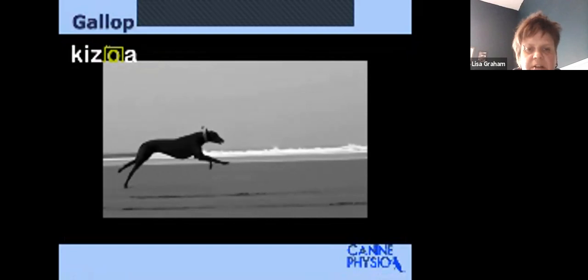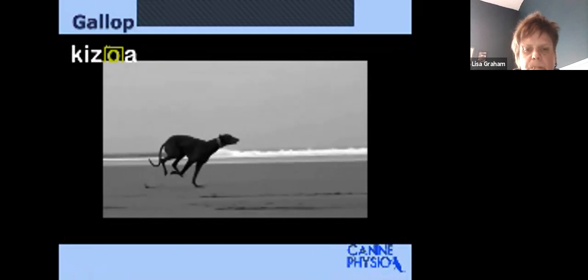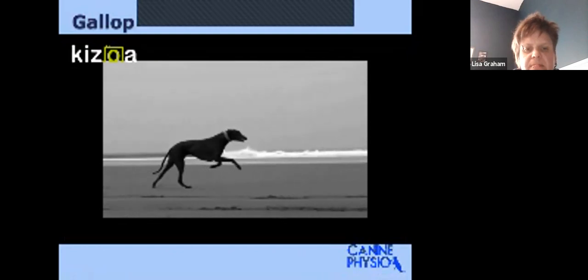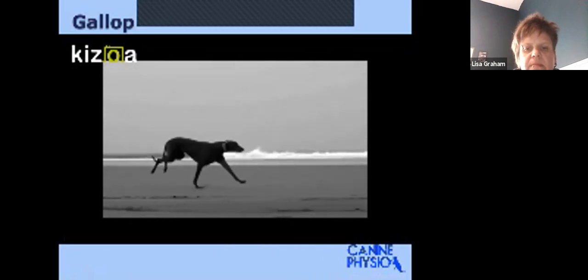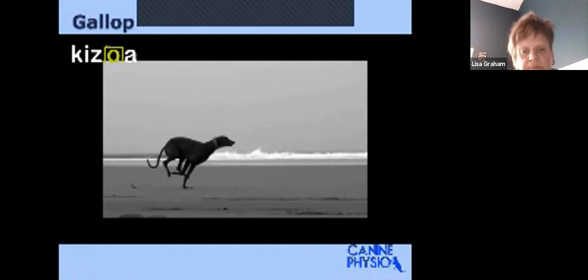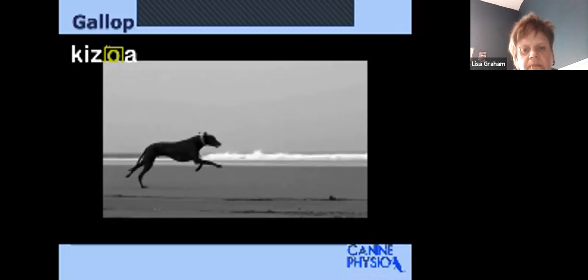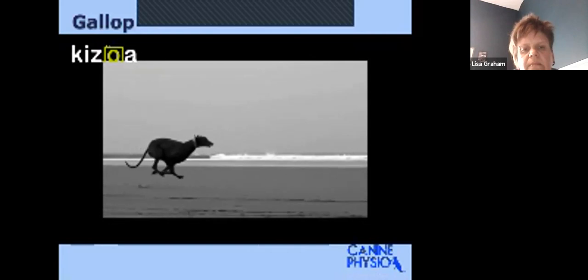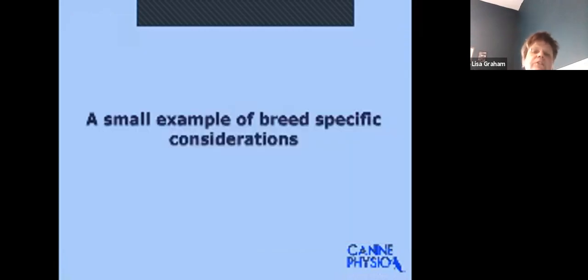Second period of suspension, and the same again, one leg in front of the other. There we go. So those are your normal gaits.